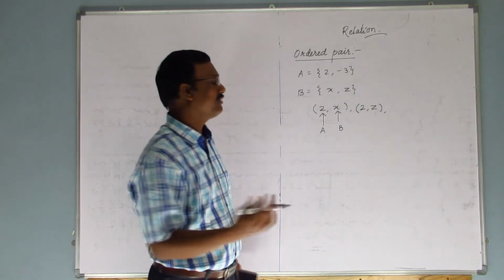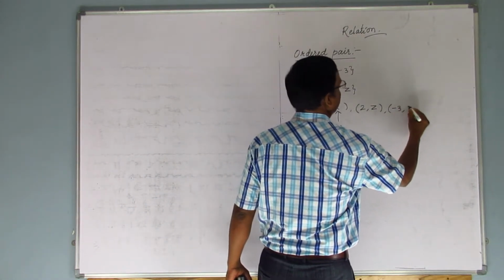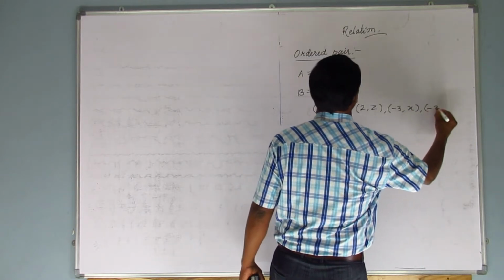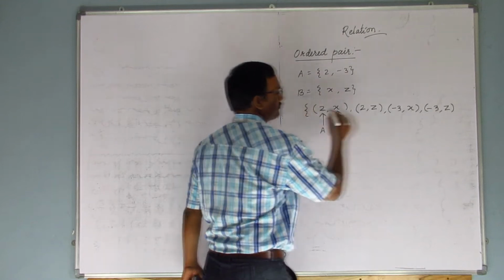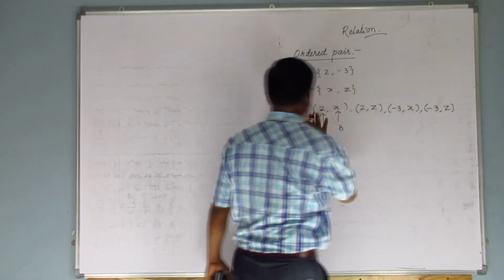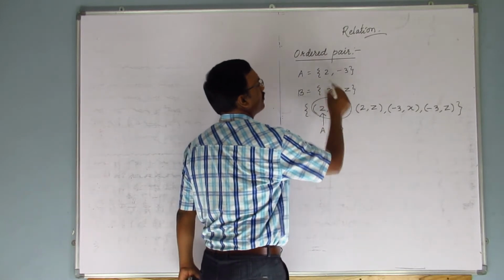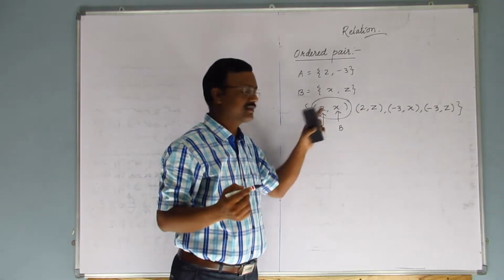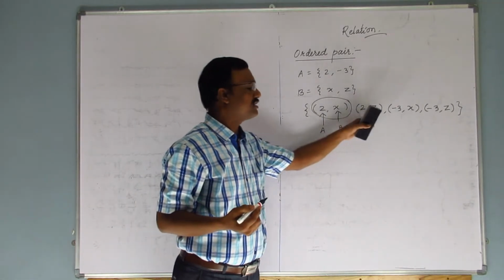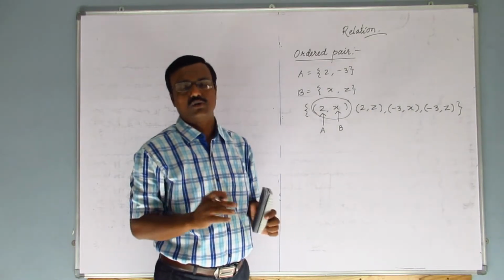So this is how, if I continue, then I can write (-3, x), (-3, z). And if I make a set, so here each one is an ordered pair. 2 comma x is an ordered pair. (2, z) is an ordered pair. This one and that one also. So these are all ordered pairs.